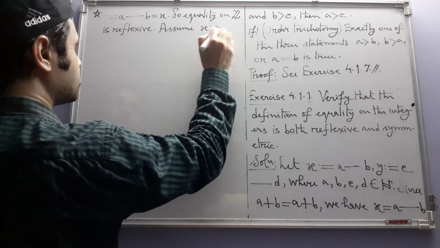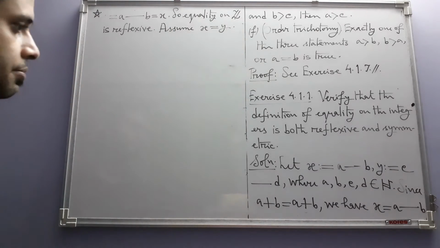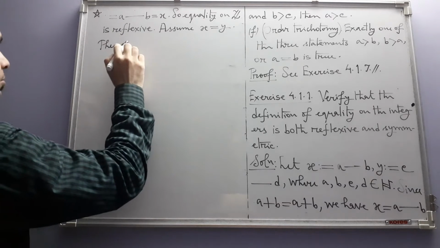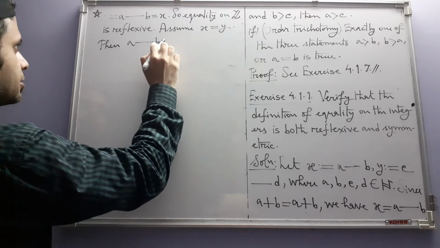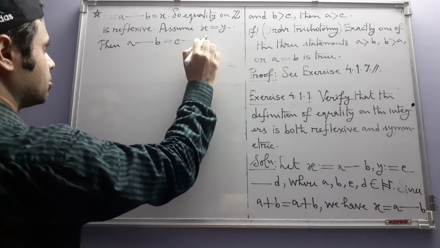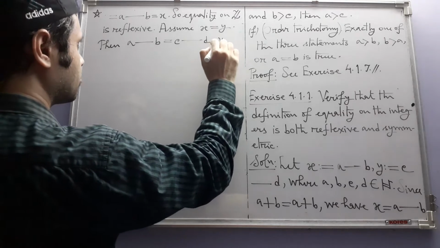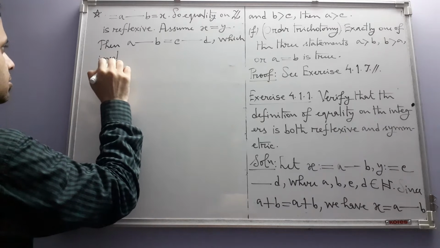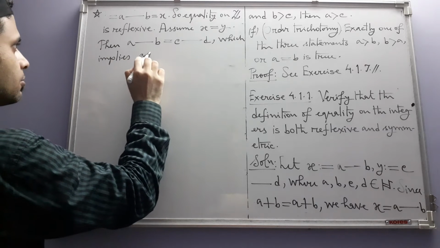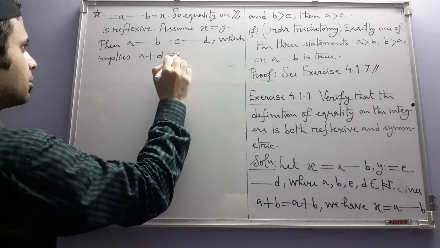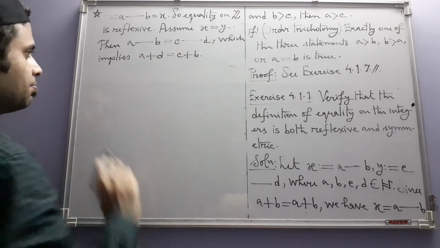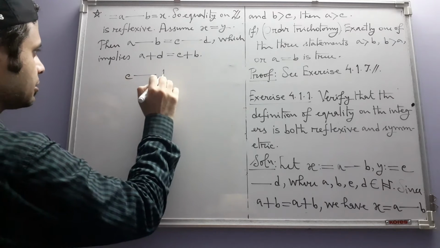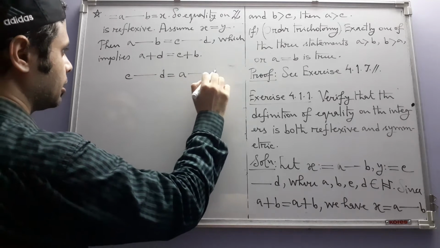Assume now that x is equal to y. Then a dash b is equal to c dash d, which implies a plus d is equal to c plus b. Now what do we need for c dash d equal to a dash b?